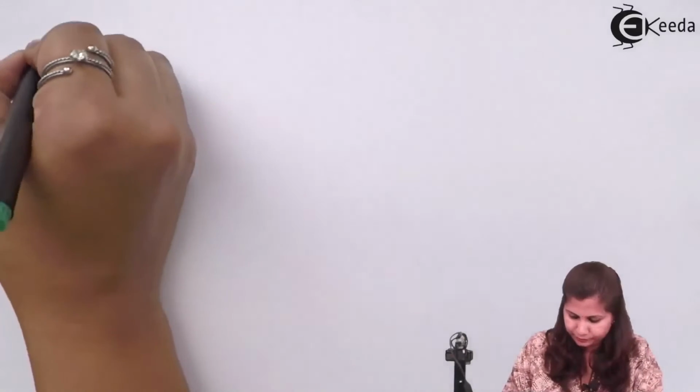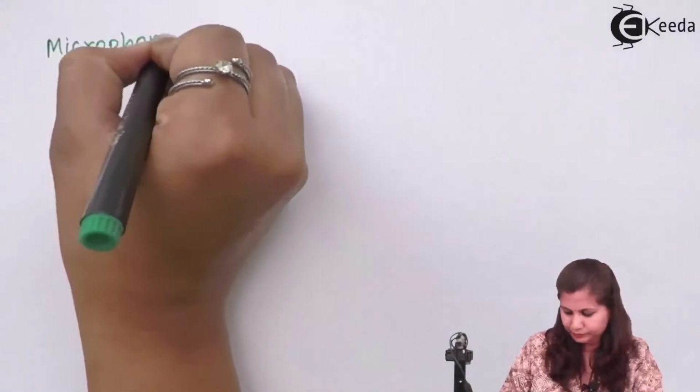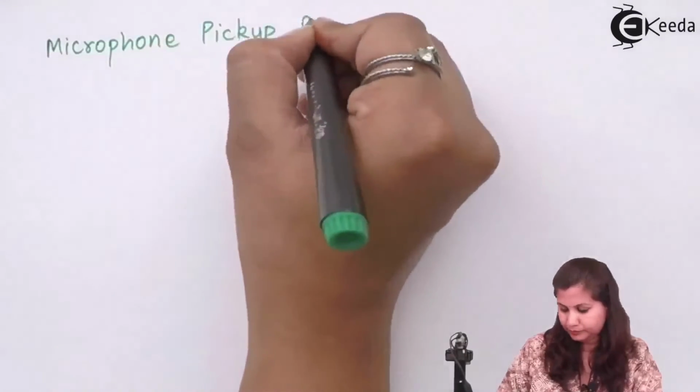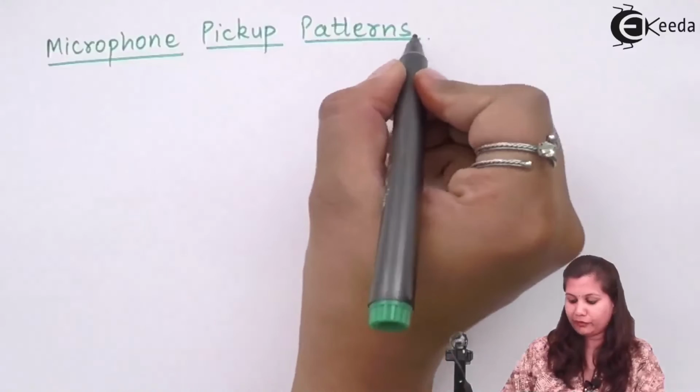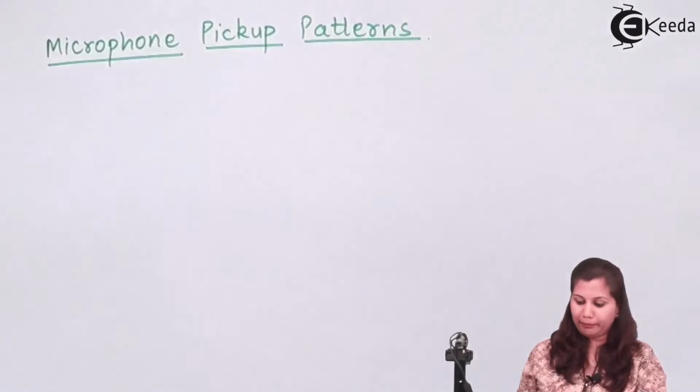Now the next classification of the microphones, or the factor on the basis of which the microphones are selected, is the pattern generated by the microphone. So there are two types of microphones depending upon the pickup patterns.